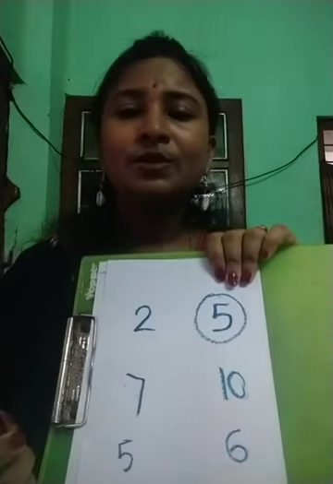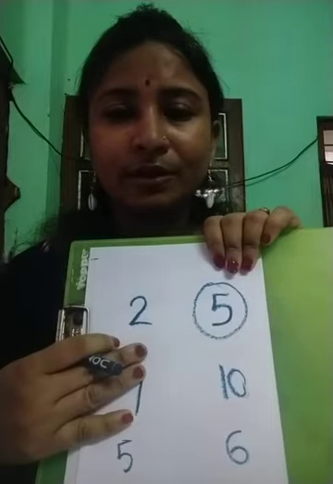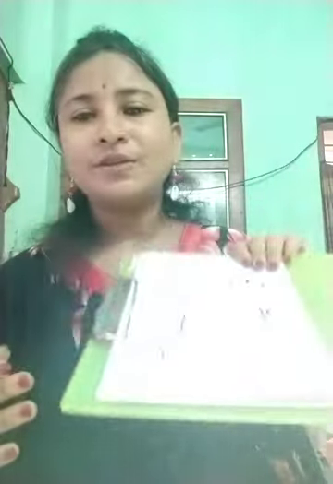So this is the semi-concrete level. Some of the children, a few children, can do it with mental maths also, mentally. They will say 5 and 2, oh, 5 means this and 2 means this, so they will do it mentally. So these three principles will help the child to grasp the concept.